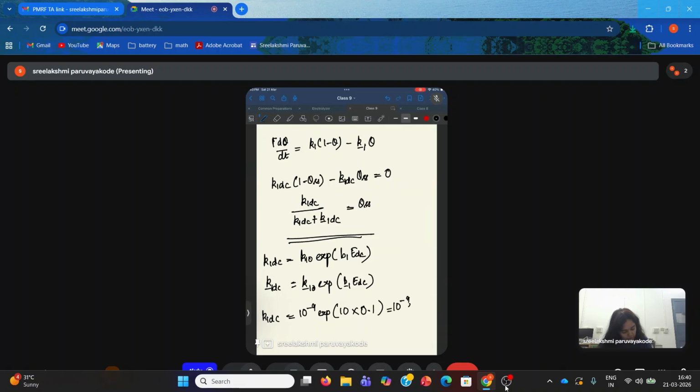So it is 10 to the power minus 9 exponential of 1, which is, let's do the calculation, 2.718 into 10 to the power minus 9. Okay. Now, just give me a moment.